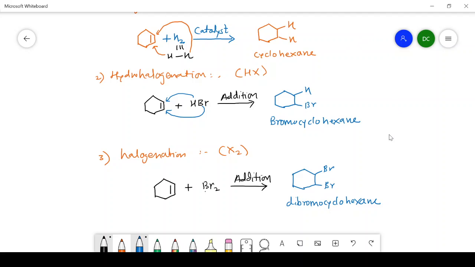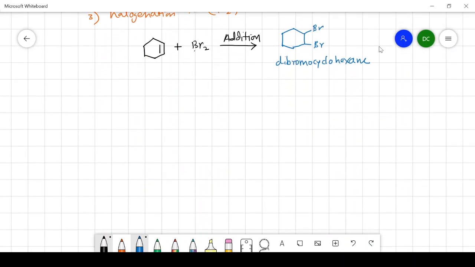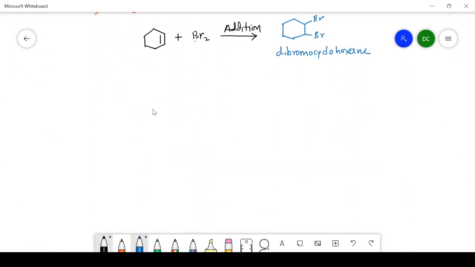And the last chemical property is allylic halogenation. It is quite different from all the other addition reactions. Let's take the example of, once again, cyclohexene.